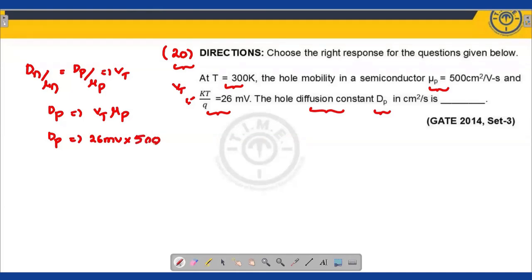Then you are getting the diffusion constant as 13 centimeters square per second. So the hole diffusion constant is equal to this value.